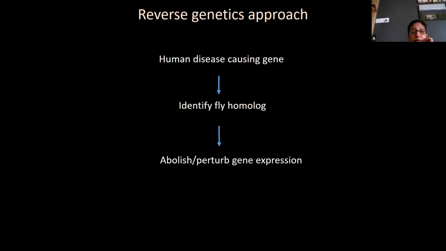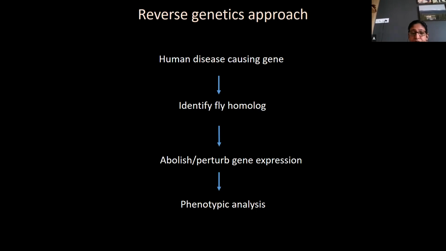We can make hypomorphs, or we can completely delete the gene, or we can overexpress it, depending on how it is in human. Then we perform a complete phenotypic analysis. We find out which cellular and molecular processes are being affected in Drosophila, and we see whether Drosophila show phenotypes similar to the human symptoms.